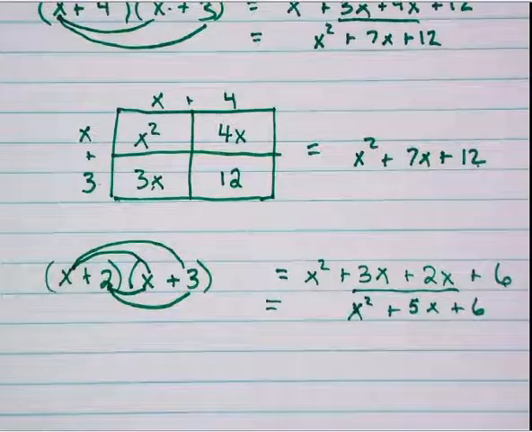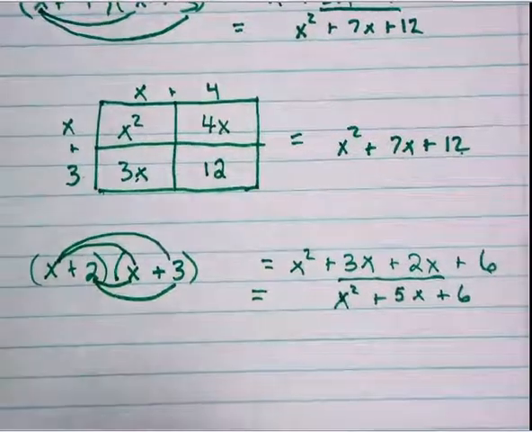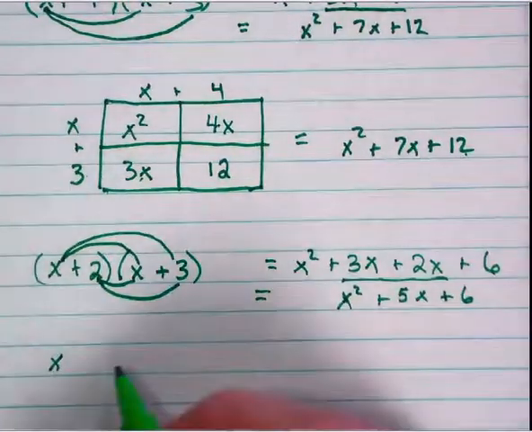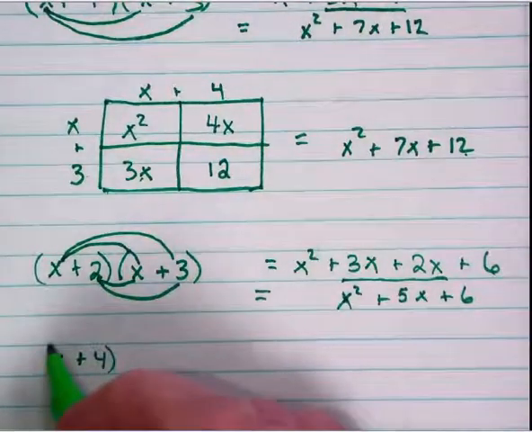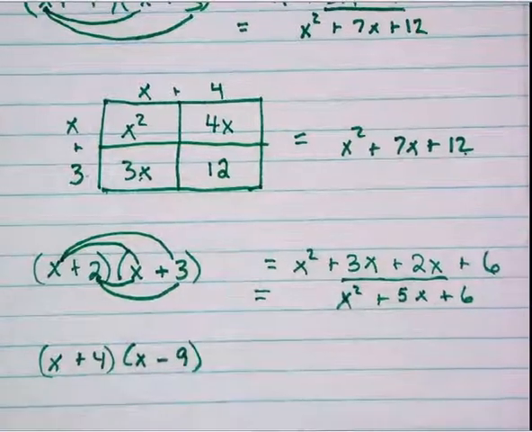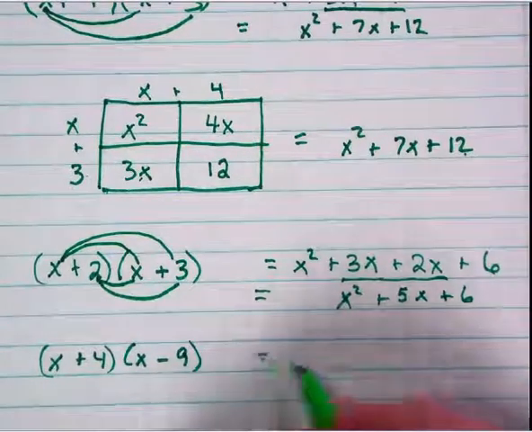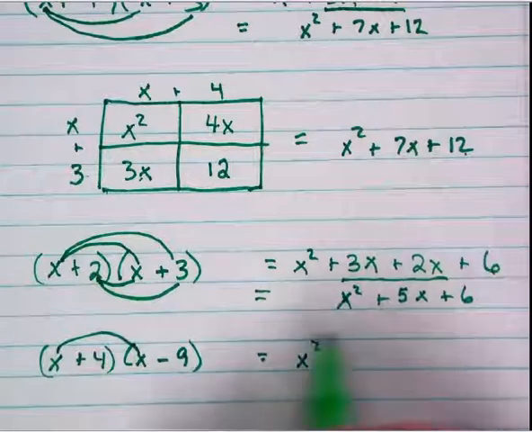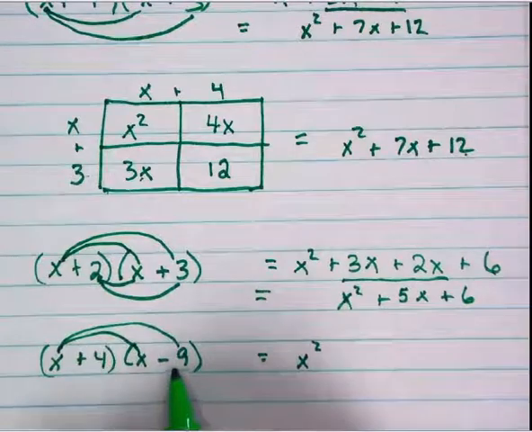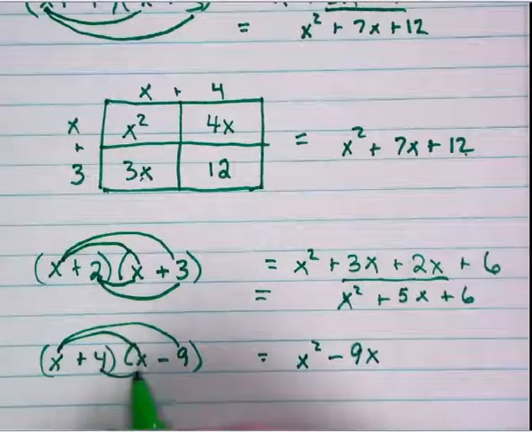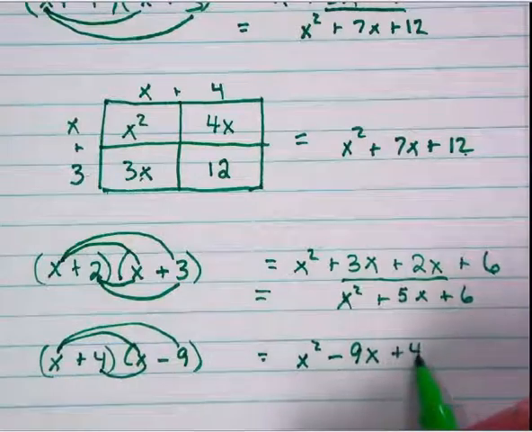Okay? It works with negatives, so if I was to do x plus 4 times x minus 9. That would be, if I multiply x times x, I get x squared. X times negative 9 is minus 9x. 4 times x is plus 4x.